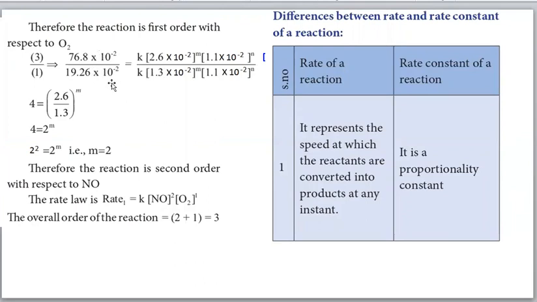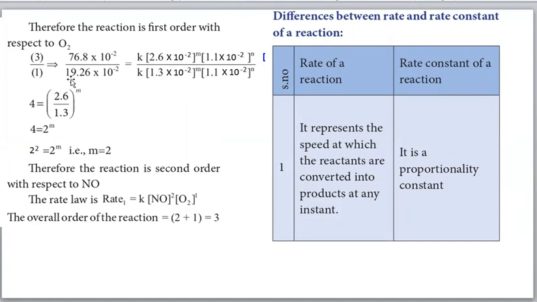Then the right side we can also write simply the values. Now this k and k cancel. This value completely cancels. This 10 to the power minus 2, 10 to the power minus 2 cancel. Remaining 2.6 to the power m divided by 1.3 to the power m.